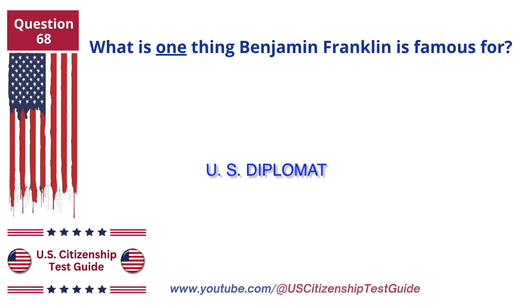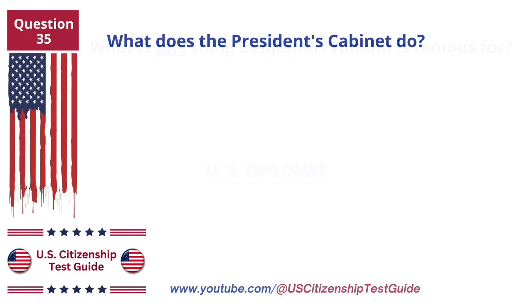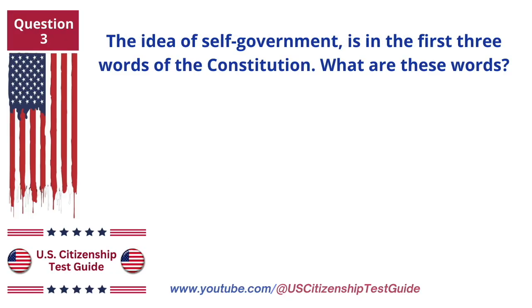U.S. diplomat. What does the President's Cabinet do? Advises the President. The idea of self-government is in the first 3 words of the Constitution. What are these words? We the people.